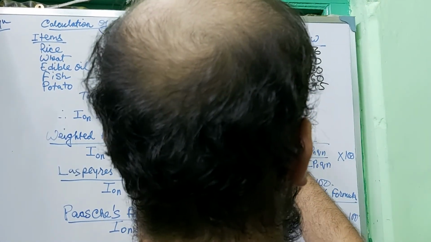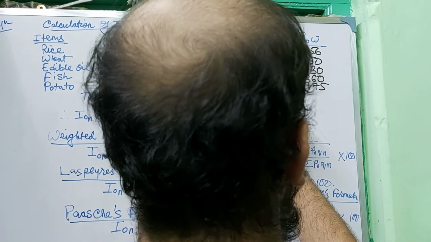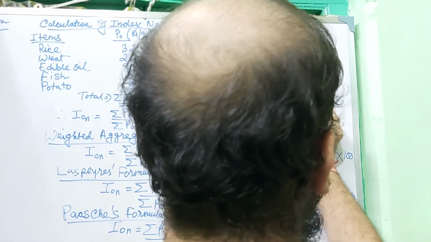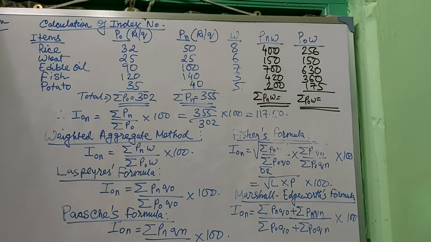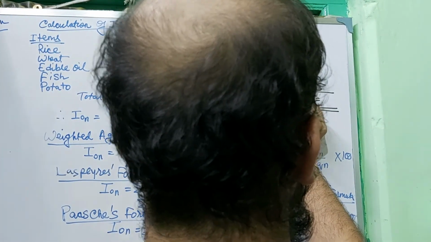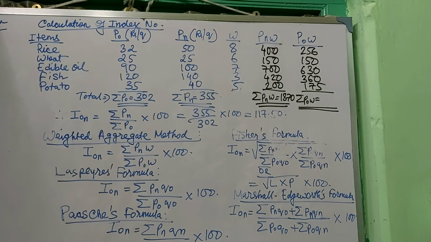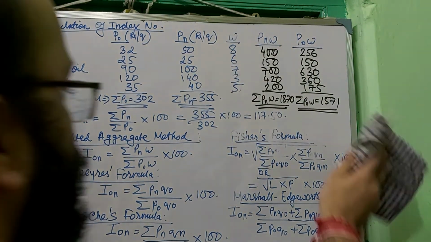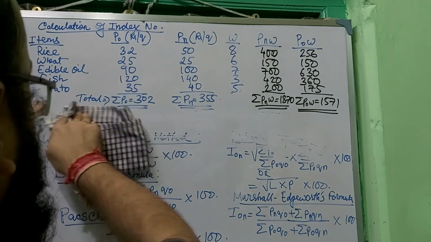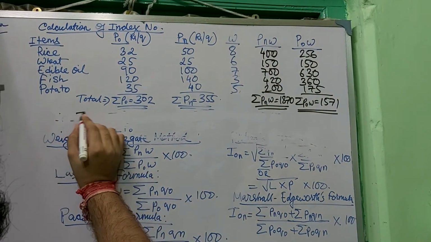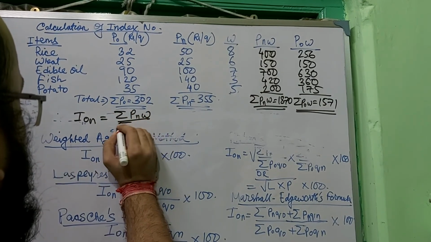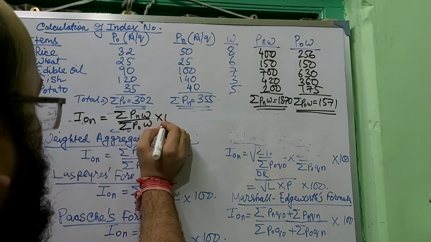You just add the totals. Summation PnW is 1870, and summation P0W is 1571. Using the weighted aggregate formula, I0n is equal to summation of PnW by summation of P0W into 100.